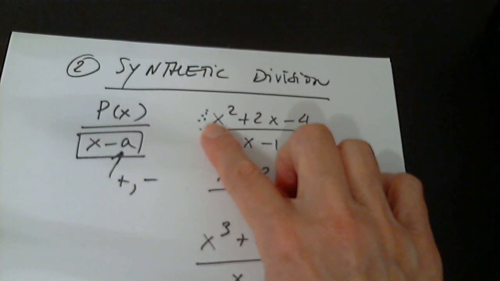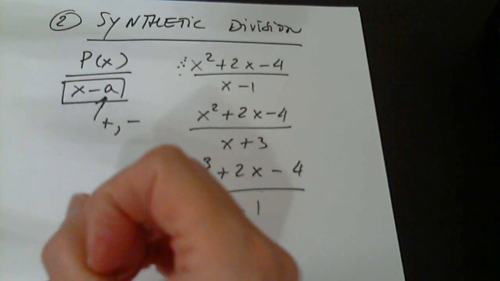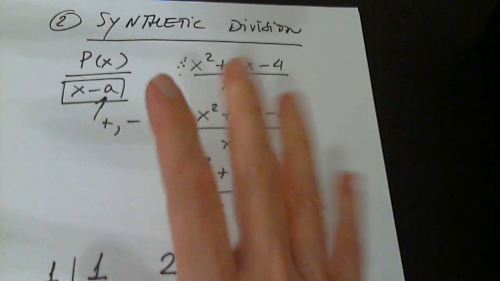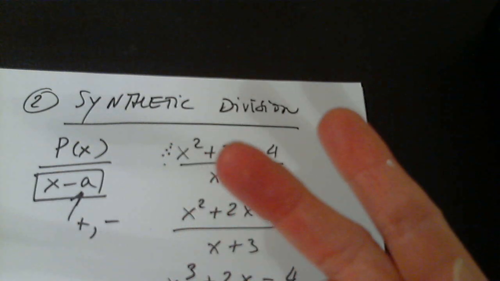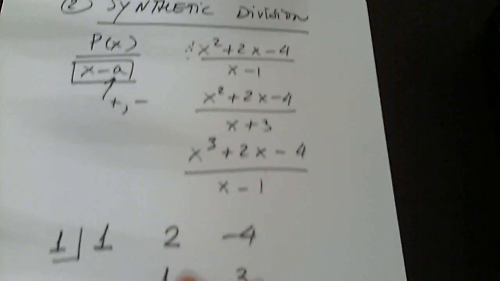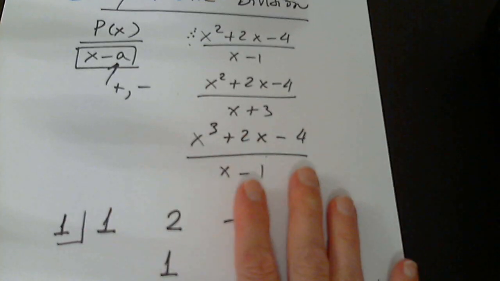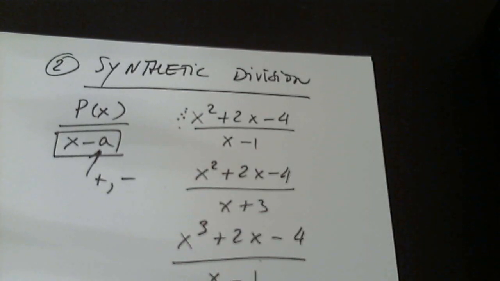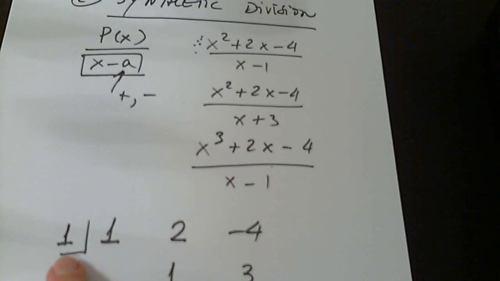So the coefficients, no missing. What if a term is missing? I have to write 0. In this case, nothing was missing. 1, 2, negative 4. I already changed the sign. That we do with a long division all the time. I already changed it here. Instead of writing negative 1, I wrote 1. If it's positive 3, I will be writing negative 3.